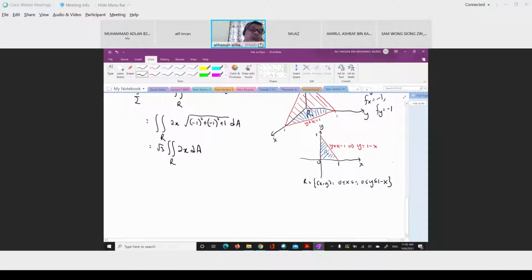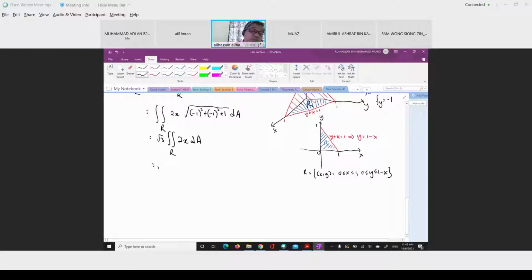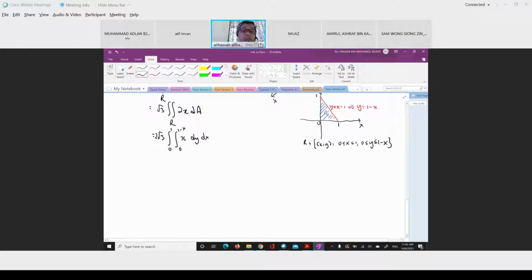So that means you have to integrate with respect to y first, because y is bounded by a function of x, between 0 up to 1 minus x, and x between 0 up to 1. So we integrate first with respect to y. We get xy, y from 0 up to 1 minus x, and dx.